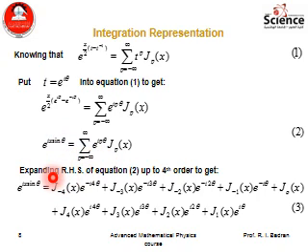We're going to expand the right-hand side of this equation up to the fourth order. Doing this, we'll get J minus 4 e to the minus 4i theta plus etc. So the index runs from minus 4 to 4, and we get these 9 terms.